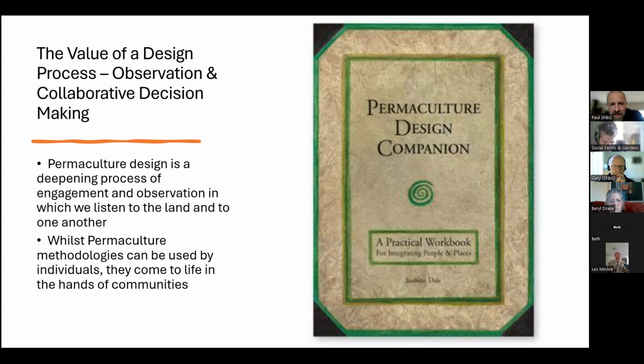So this deepening process of engagement is covered very nicely in our colleague Jasmine Dale's book, The Permaculture Design Companion, which is a step-by-step approach to applying permaculture design ideas. And the design process deepens our understanding of site and of one another.